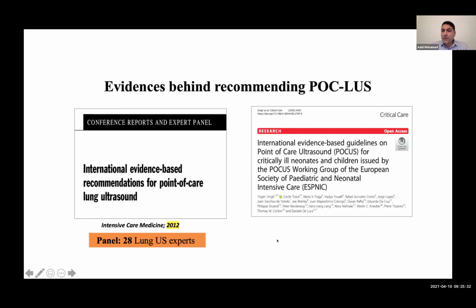Yogan and his group in Europe published the international evidence-based guideline on point-of-care lung ultrasound in neonates and children. This paper is not only about lung. This group is more focused on a holistic approach, the 5 types of point-of-care ultrasound: head, heart, lung, abdomen, and vascular.